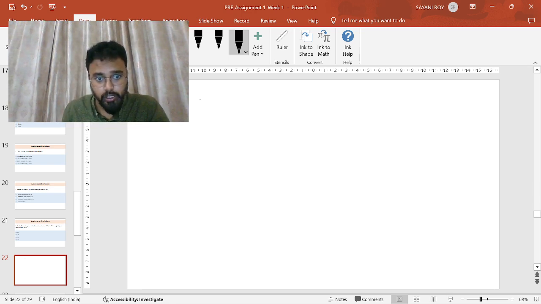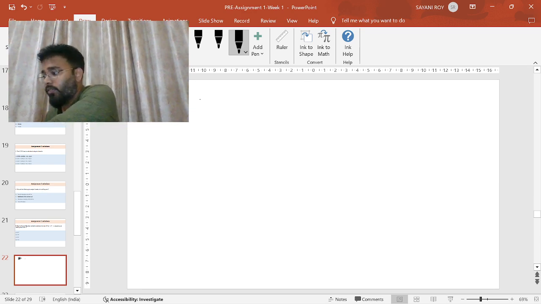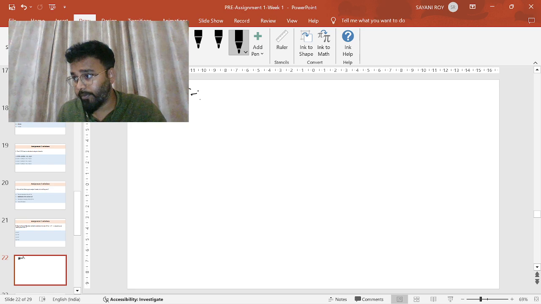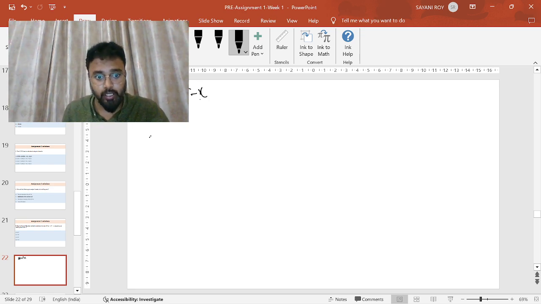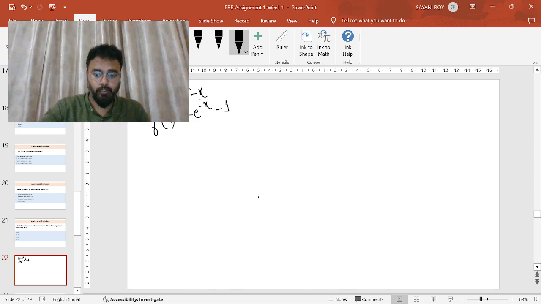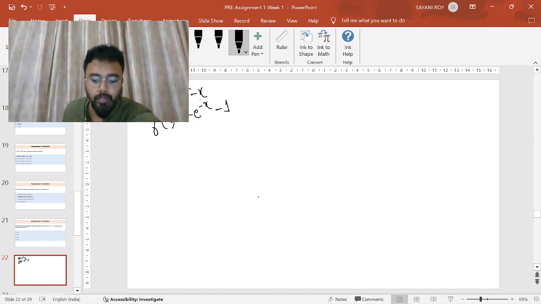So the equation is f(x) equal to e to the power minus x minus x. If we find the first derivative of this, f'(x) is minus e to the power minus x minus 1.